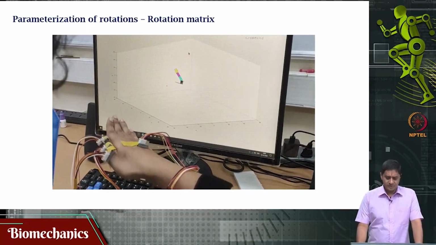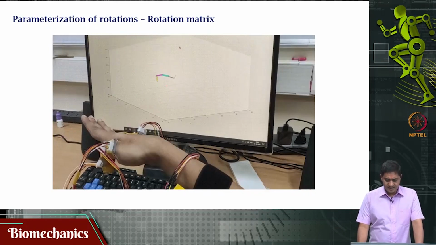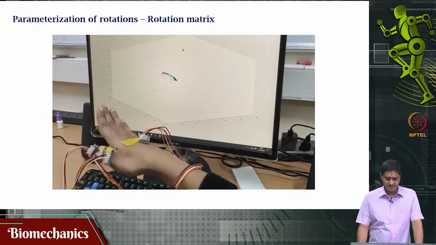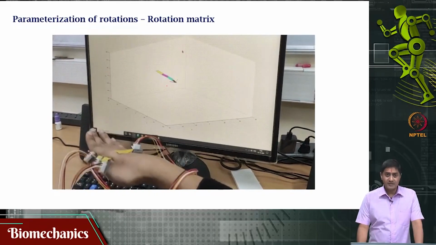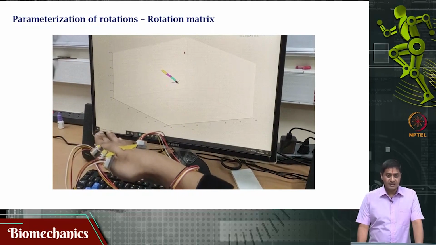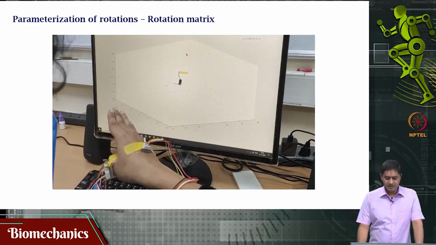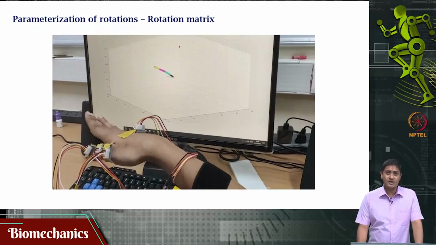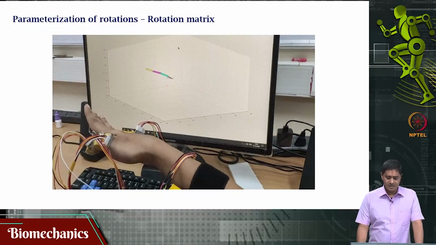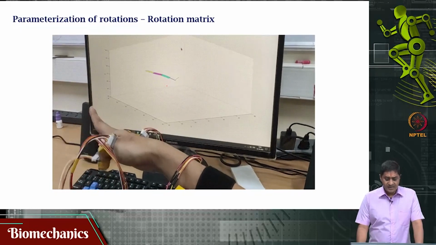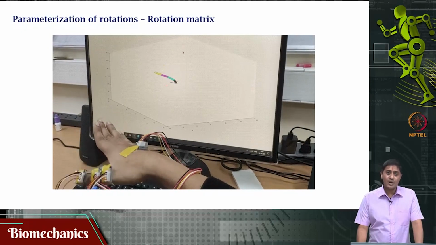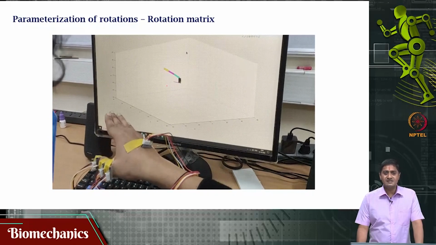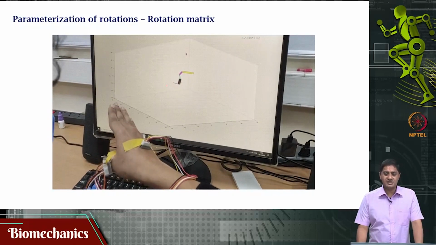Here in this video, what is shown are three segments moving relative to each other. There is a segment colored in cyan, one in magenta, and one in yellow. The corresponding coordinates are defined initially, and then on each of these segments one IMU is placed, and we are measuring this data using the IMU, and this IMU is outputting the rotation matrix.